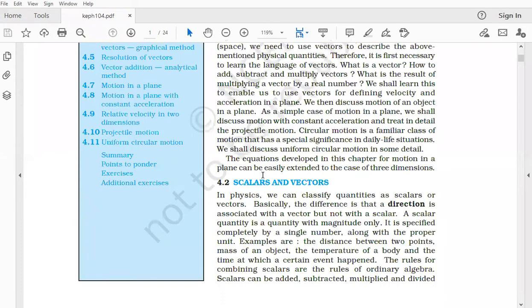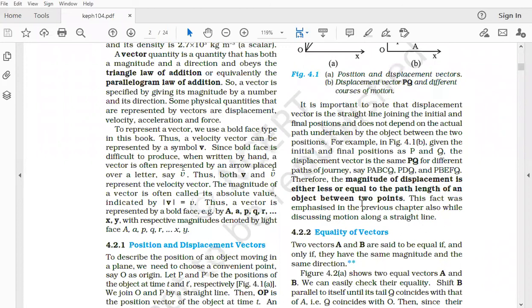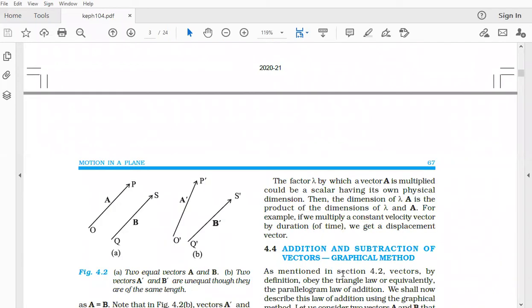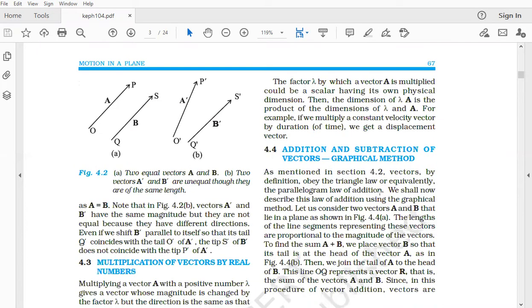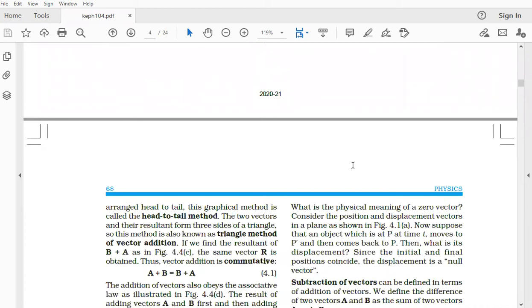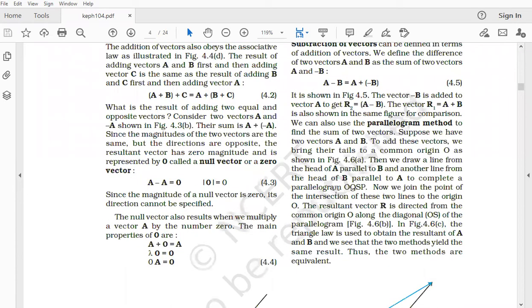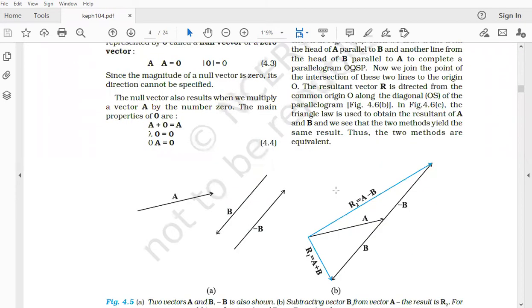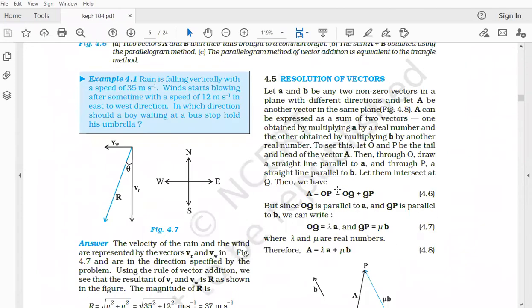Okay. Examples. Did you try something? Anything which you had trouble? Exercise or examples? If you have any doubts, we can answer that first before we get started with the other exercise problems. Anybody having any doubts? No doubts at all.